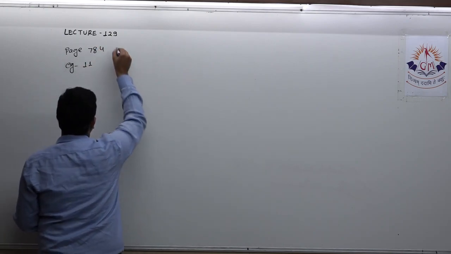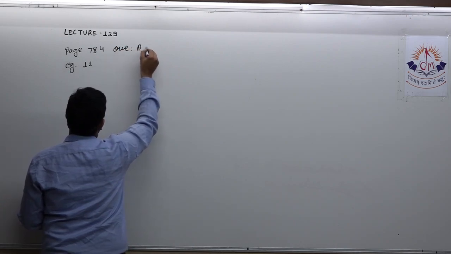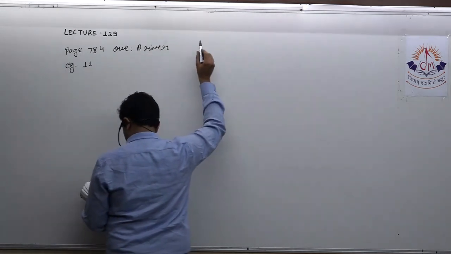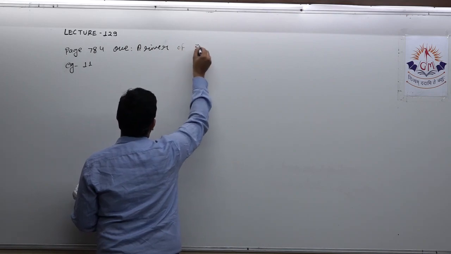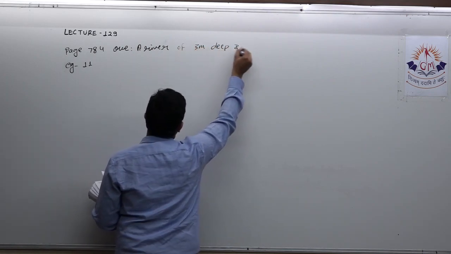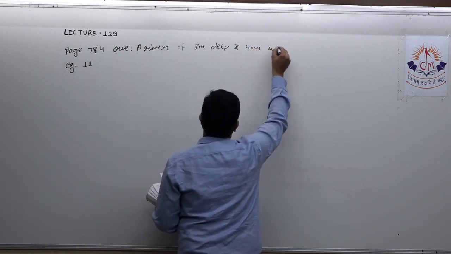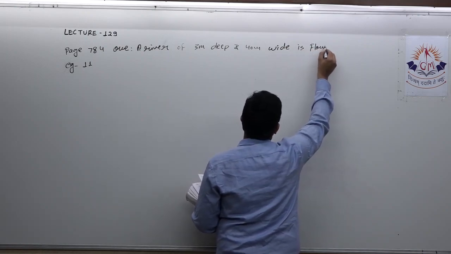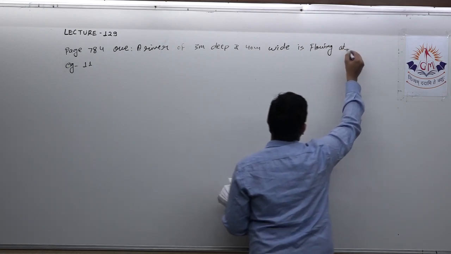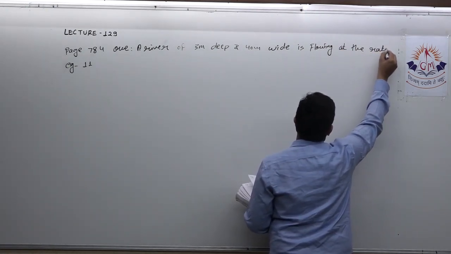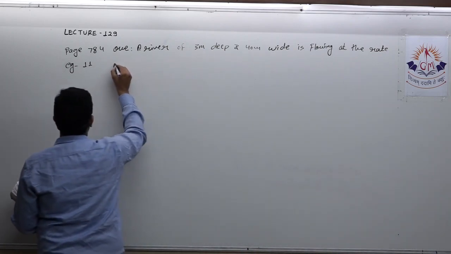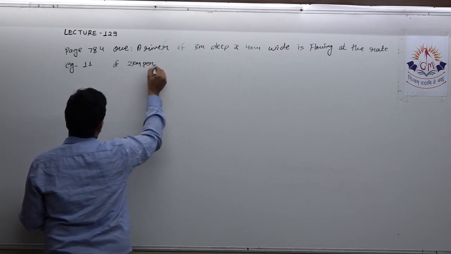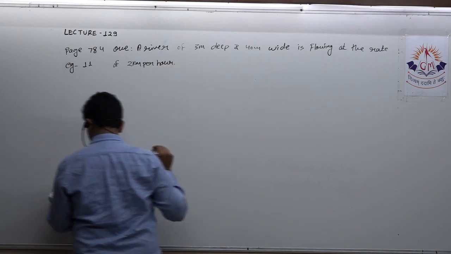Question: A river of 3 meter deep and 40 meter wide is flowing at the rate of 2 kilometer per hour.